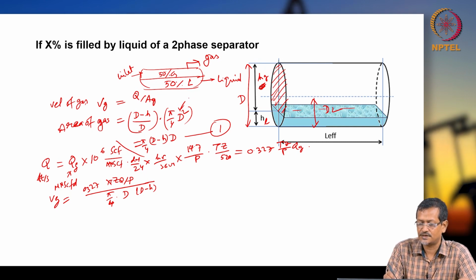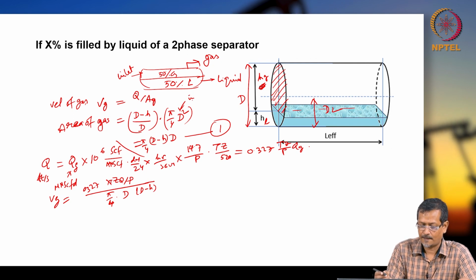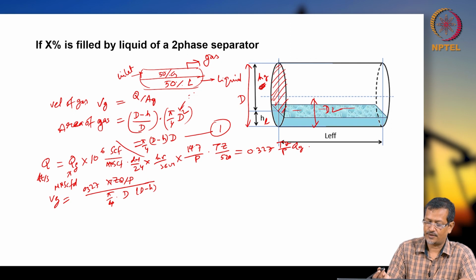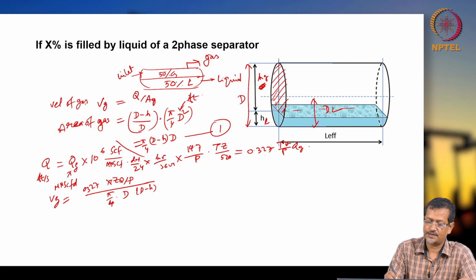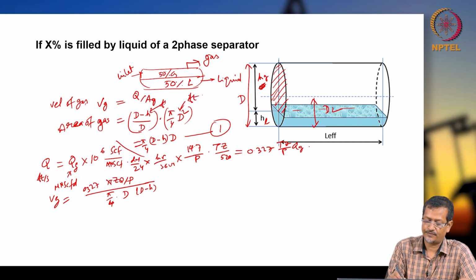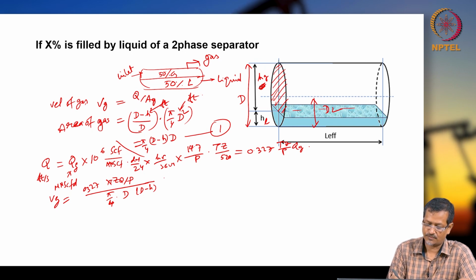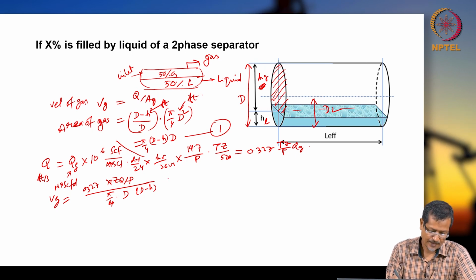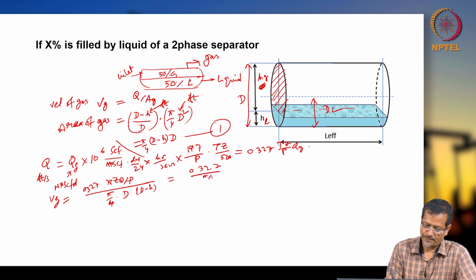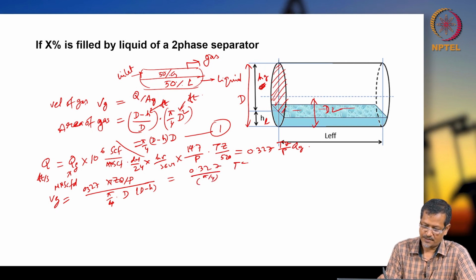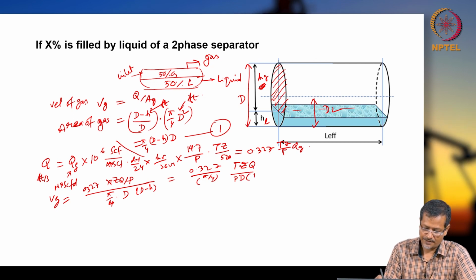Let's say D is in feet, because you are calculating in feet, and h also in feet, instead of inch, to avoid confusion. So it will be 0.327 into 4 by pi, TZQ by P, divided by D squared minus h.